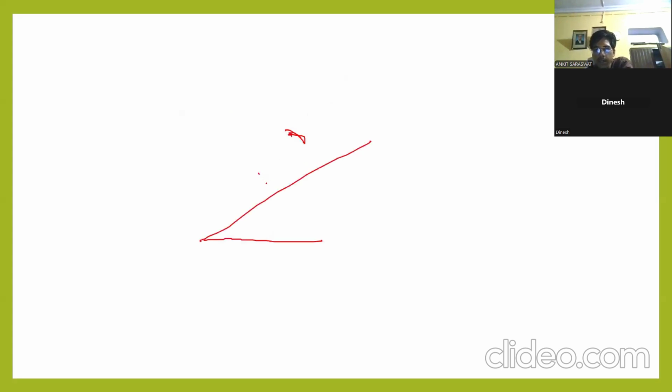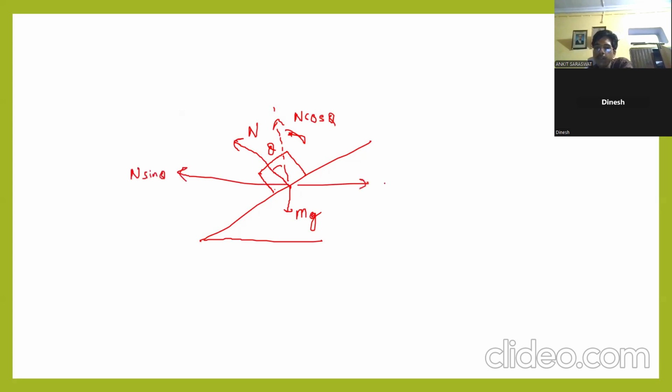This is your vehicle, its weight is like this. This is the normal. This is theta, and N cos theta, and perpendicular to this N sin theta. And this is the centrifugal force.